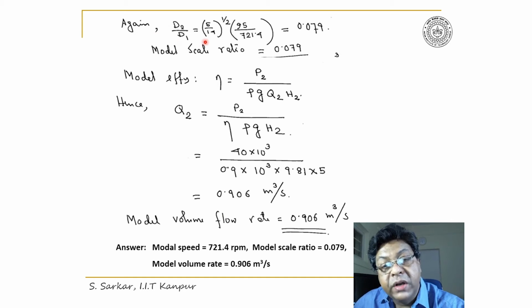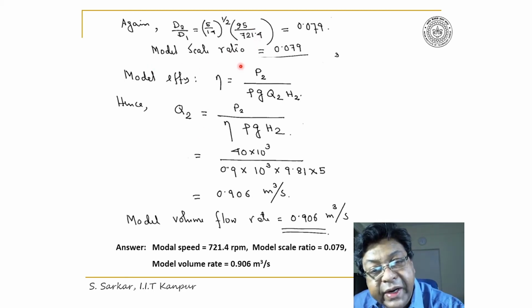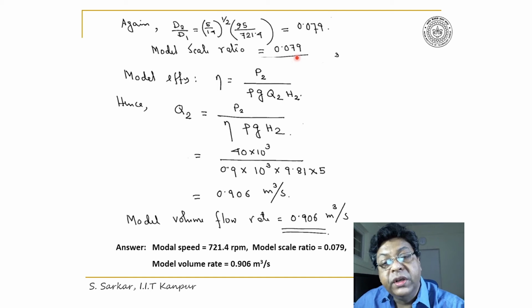D2 by D1 is equal to 5 by 14 to the power half into 95 by 721.4. So the model scale ratio is 0.079. So this is the second answer.